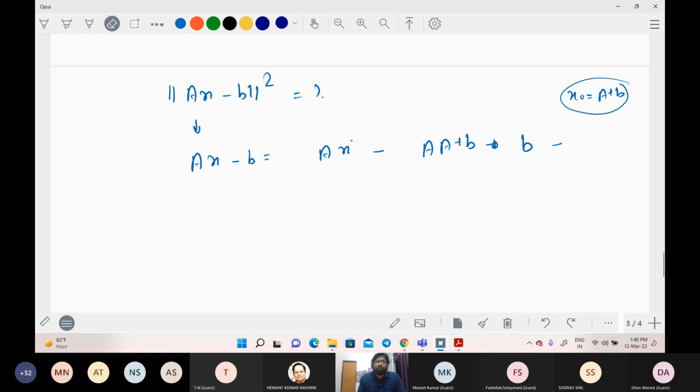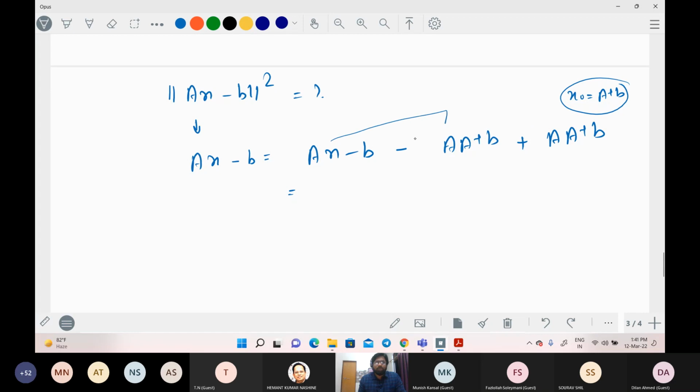Let me tell you what I am going to say. I can add this term and subtract this term. I will add A A dagger b because I have to introduce that thing, right? So I can write this as Ax minus A A dagger b, and plus A A dagger b minus b, right? I can do it like that.